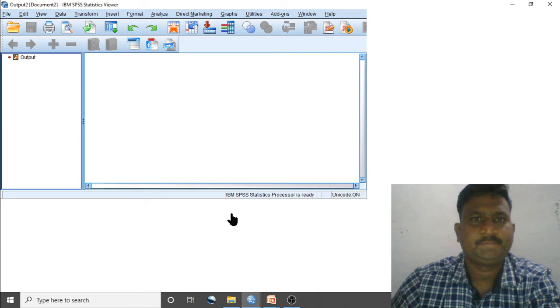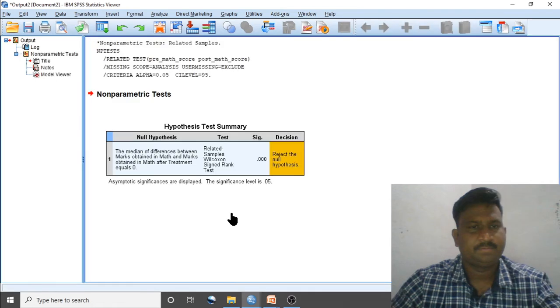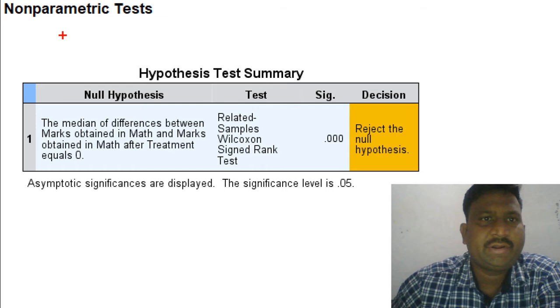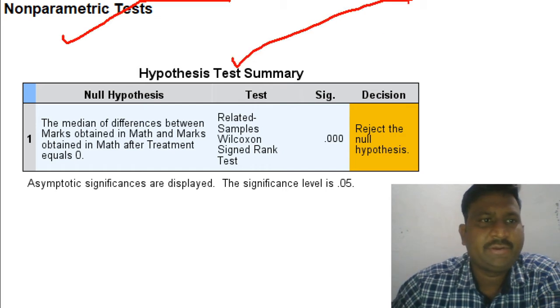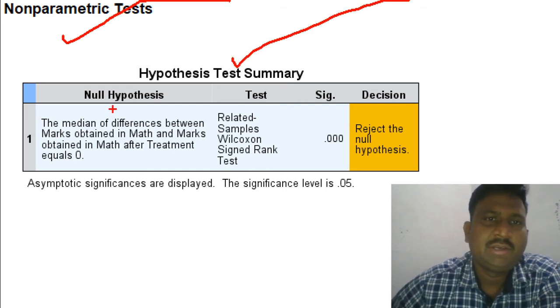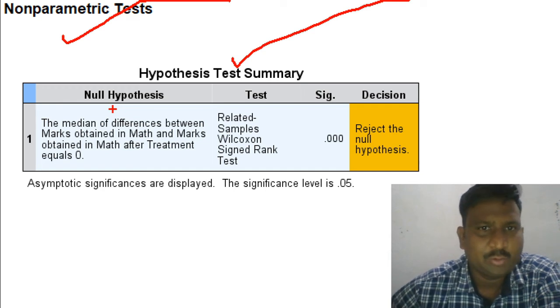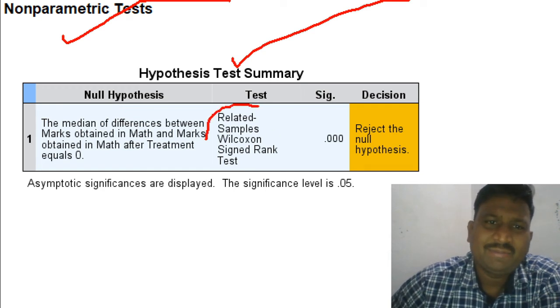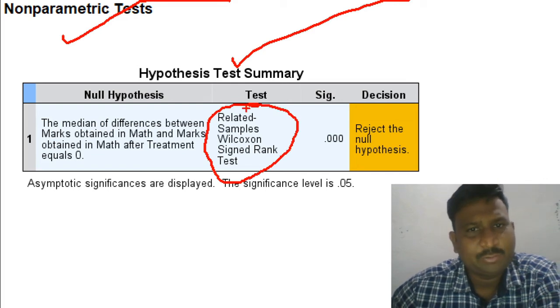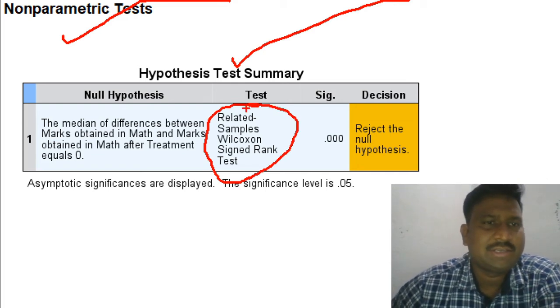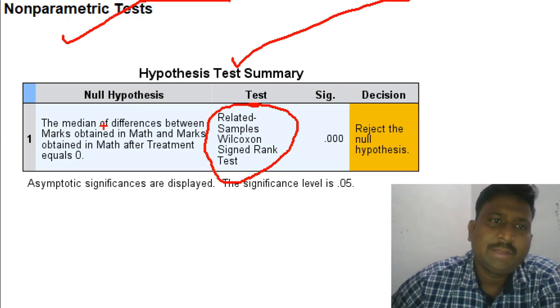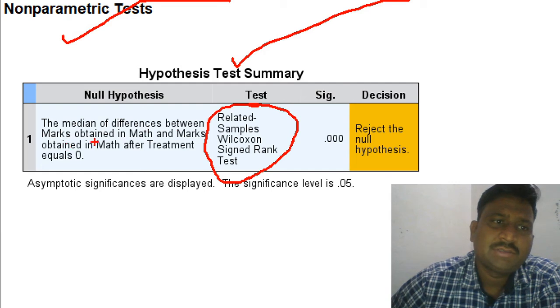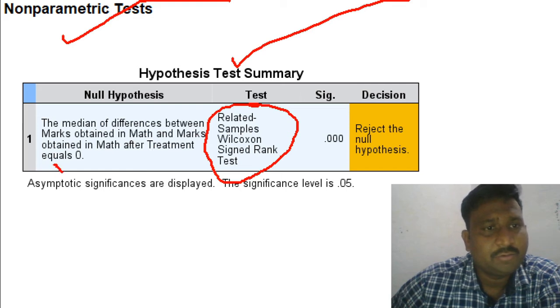So this output window will open, in which you will see Non-parametric Test, Hypothesis Testing Summary. So this test itself forms a null hypothesis. As you know, most of the statistical tests themselves form a null hypothesis and then give its rejection or acceptance. The median of difference between marks obtained in maths and marks obtained in maths after treatment is equal to 0.